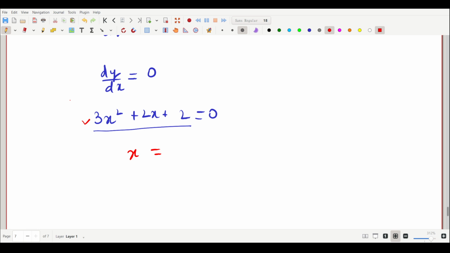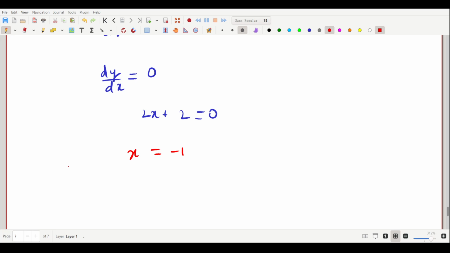You will solve it and get the value of x. For example, let's say after solving everything, you have 2x plus 2, and 2x plus 2 equals 0 will give you -1. I have taken this completely hypothetical, -1.